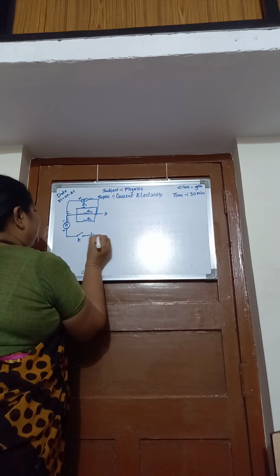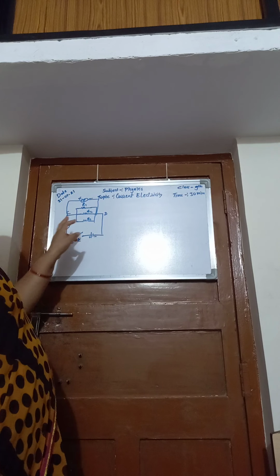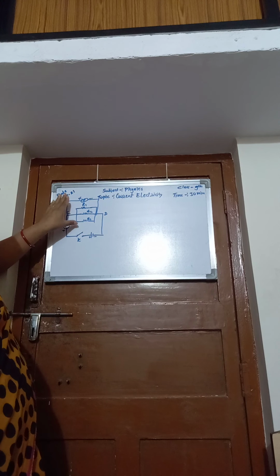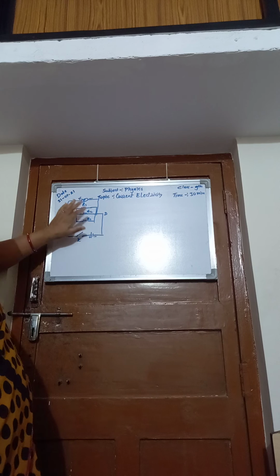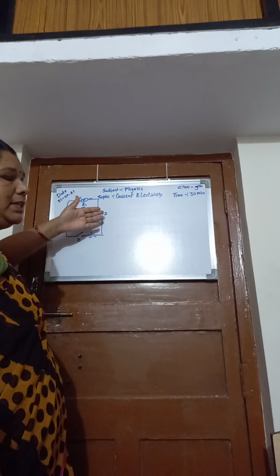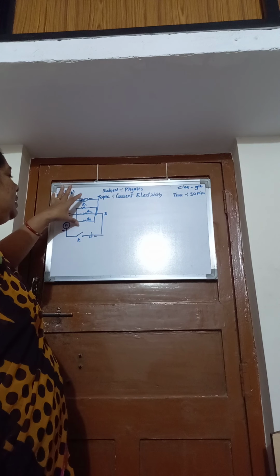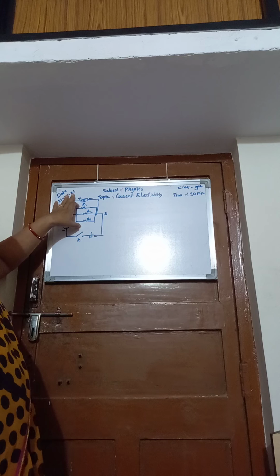Switch, and this is battery. Okay, this is parallel connection. Means in parallel connection, one end of all the resistances is connected to a single point, and the second end of all the resistors is connected to the next point. Means these resistances are connected in parallel connection.